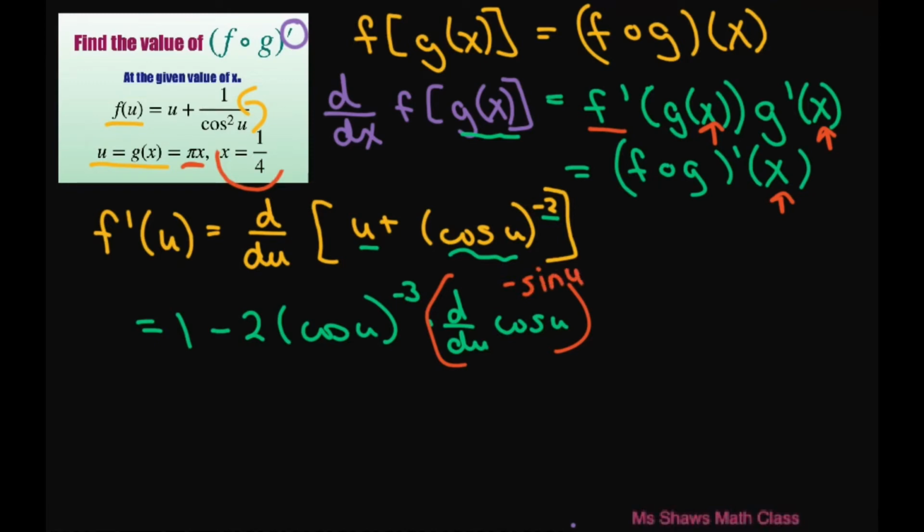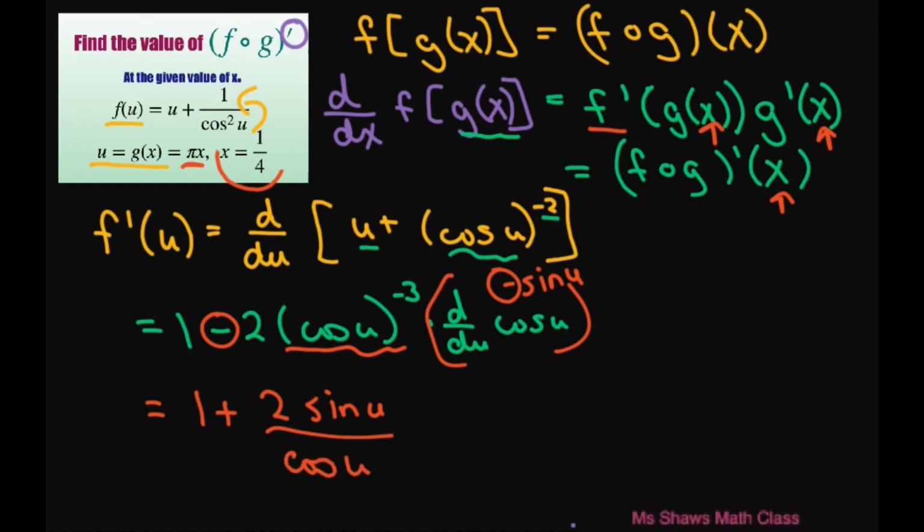So multiplying it through, you're going to get 1 plus 2 sine of u. I just multiplied these two negatives. I'm going to put this over the denominator, which is cosine of u cubed.